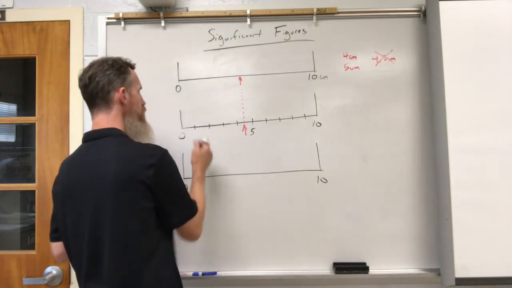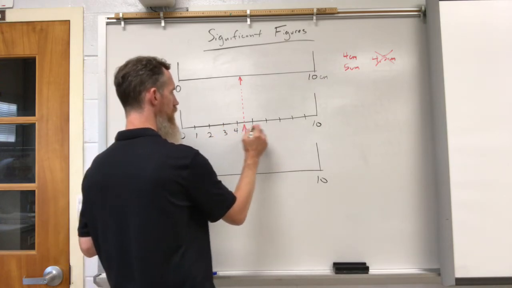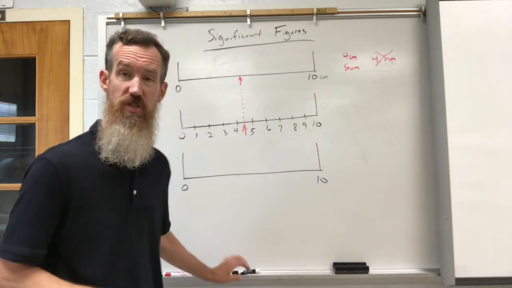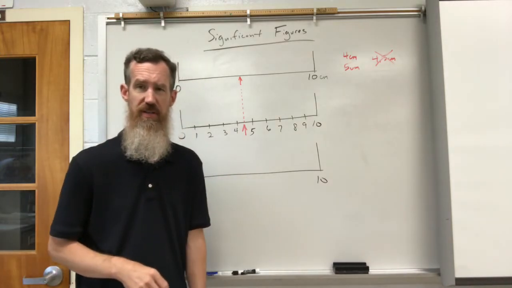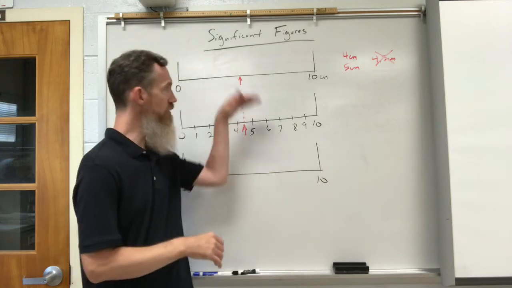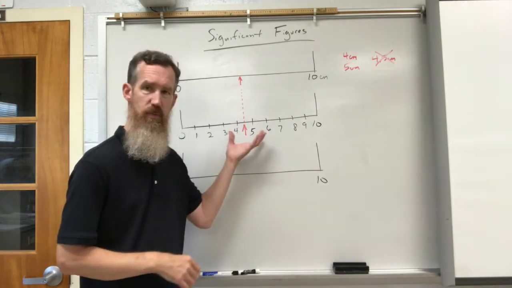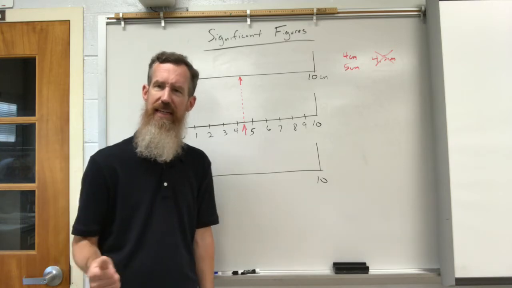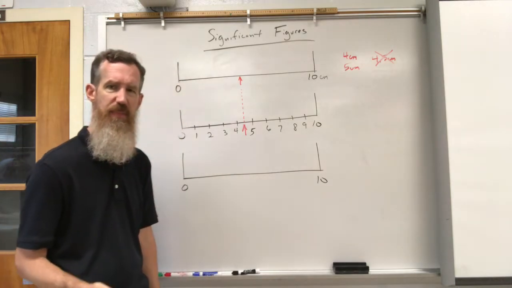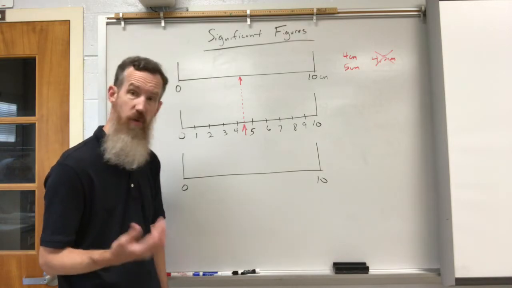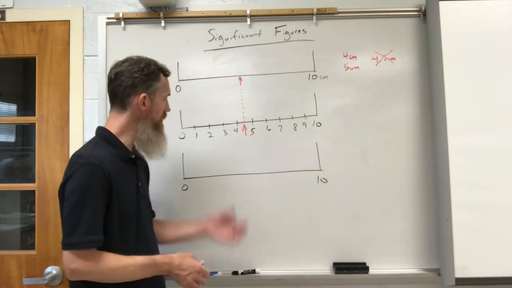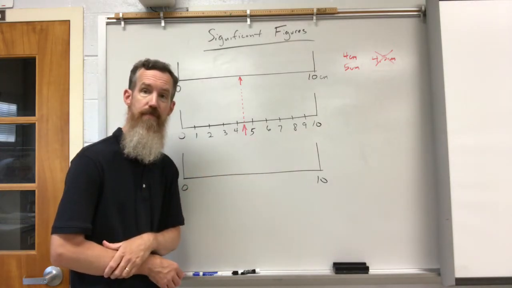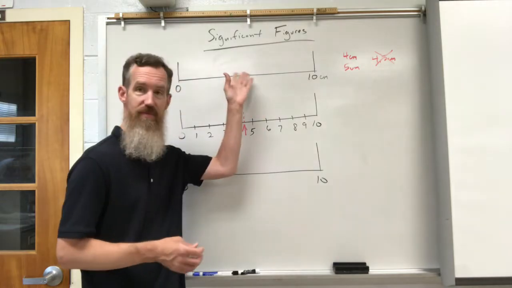And now in this ruler, we have more divisions in the ruler that are printed. So this ruler and this ruler are different. This one has a little more precision. And now with this new ruler, we're going to ask you to measure the same object. Well, now we can clearly tell that this object is definitely between 4 and 5 centimeters long. So it's a little more useful than this ruler.